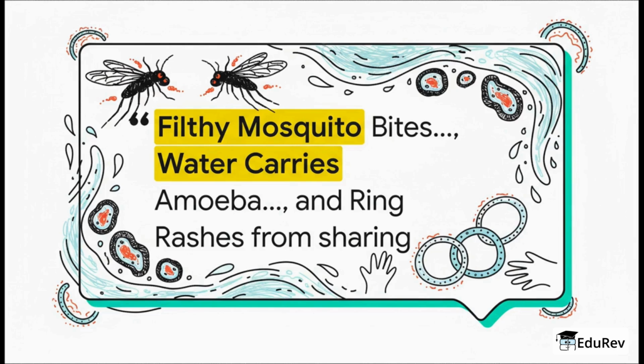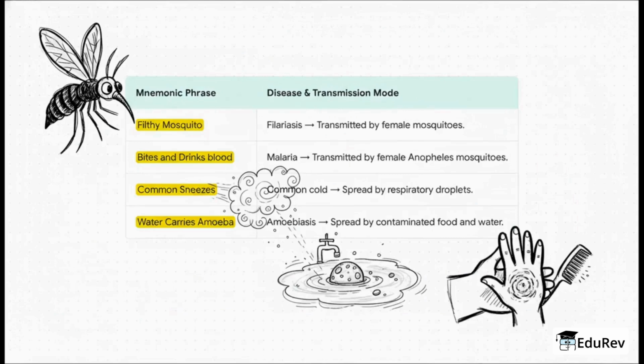Let's look at what each part really means. Check out the clues here. Filthy mosquito points you right to filariasis, which is spread by mosquitoes. Bites and rings blood is such a vivid way to remember how malaria is transmitted. Common sneezes, well, that's a perfect hint for the respiratory droplets that spread the common cold.